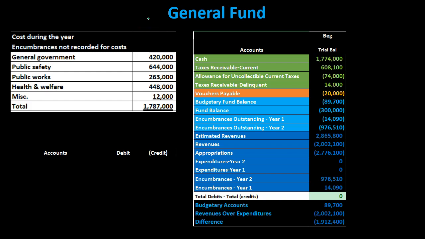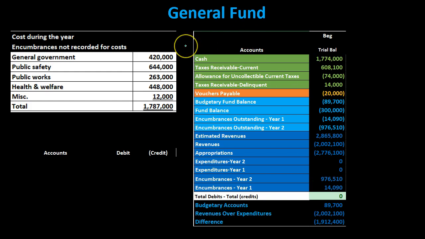Back to the general fund. So now we have costs during the year. These are going to be items where the encumbrance is not recorded. We're going to call them payroll items here. We're going to say that there was no encumbrance related to these. In other words, the encumbrance account that would be set up when we have the estimated invoices is an account we would then have to reverse if we had expenditures related to them.